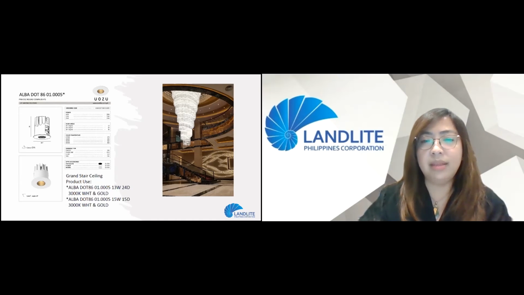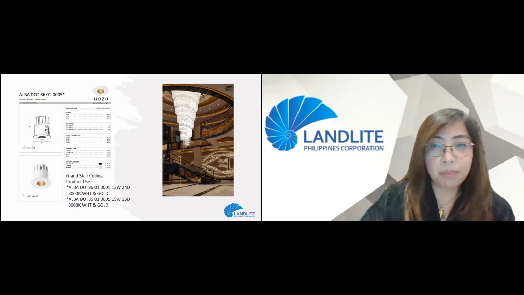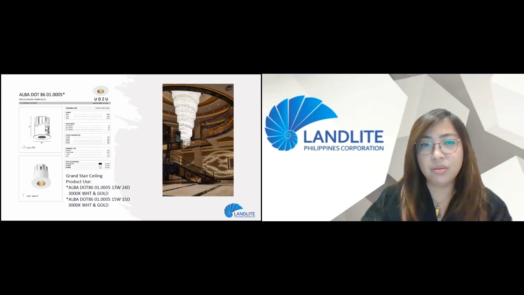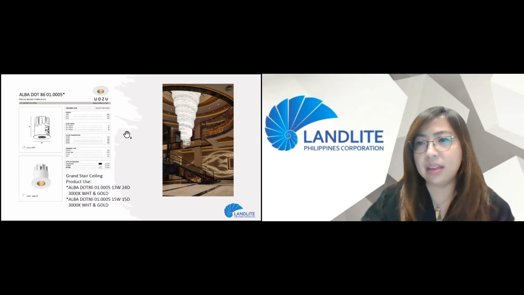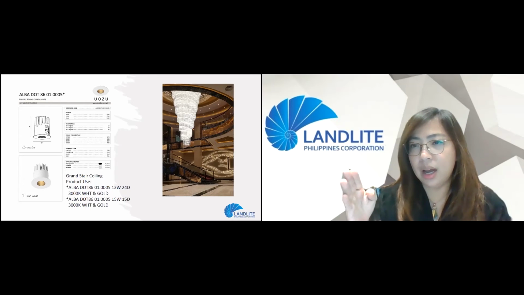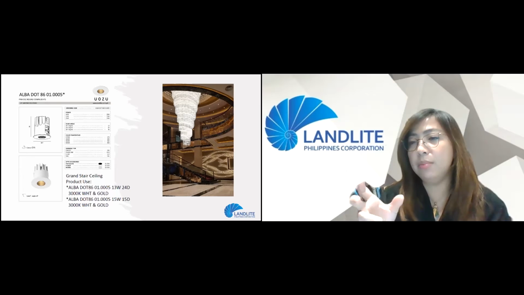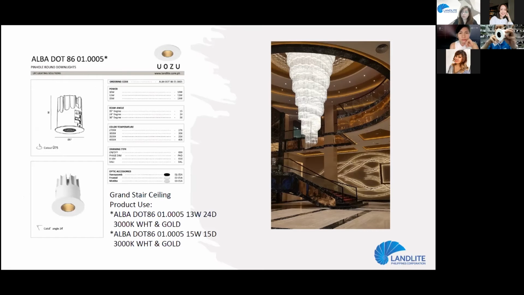We call it Alba Dot 86. Melvin, can you show what it looks like? Okay, this is the Alba Dot. You will see that the light is recessed. By the way, this is built-in, one piece. The purpose of that is, of course, to be glareless.